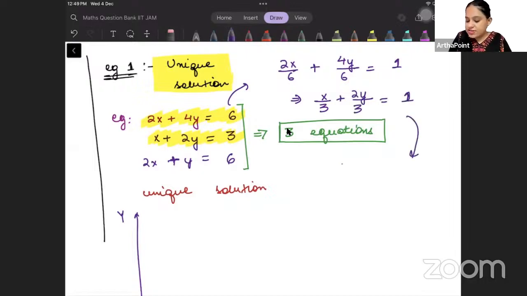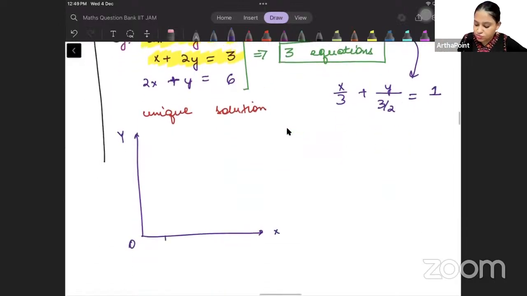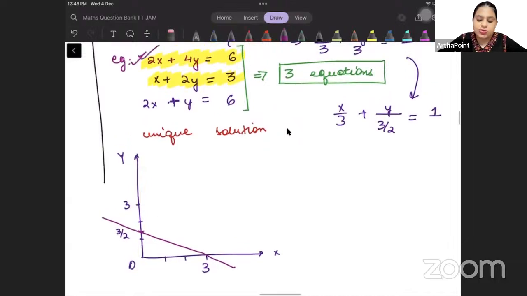I can rewrite this as x by 3 plus y divided by 3 by 2 equal to 1. It means my intercepts are 3 and 3 by 2. I can join these and get this line. This takes care of this equation.